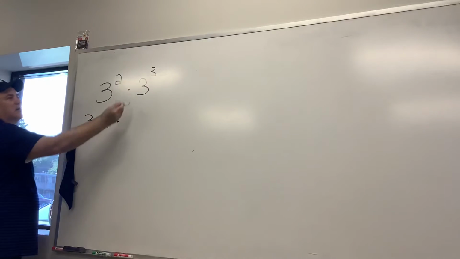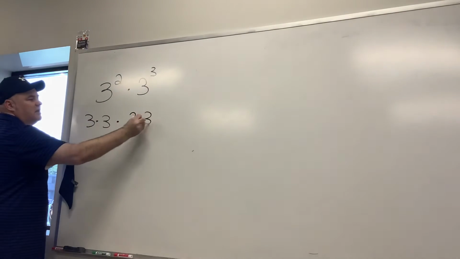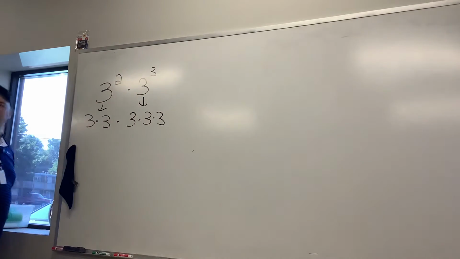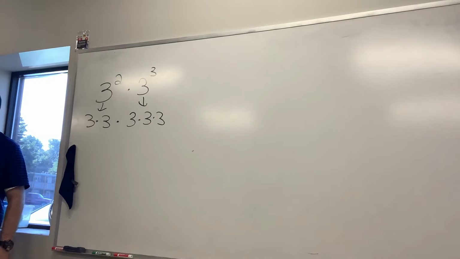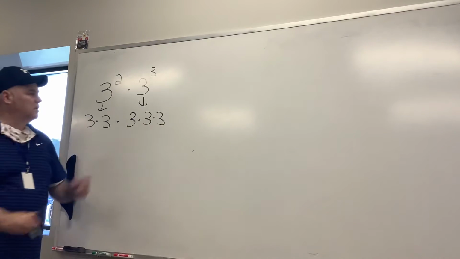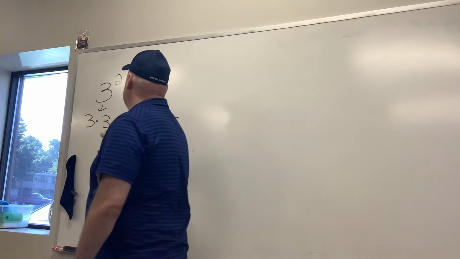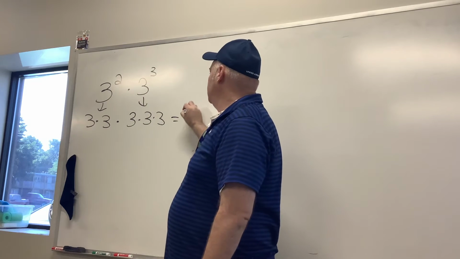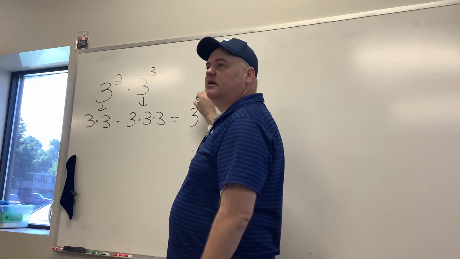Times 3 times 3 times 3, which is this part. Right? That's what it would look like written out in long form. So what is this in short form? Put it all together. 3 times 3 times 3 times 3 times 3. How many 3's is that? 3 to the 5th power.